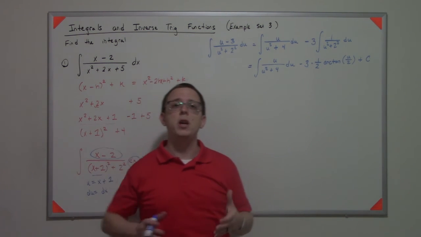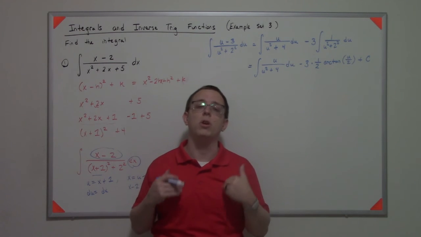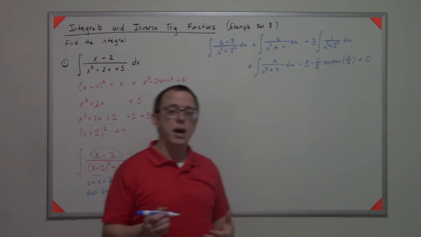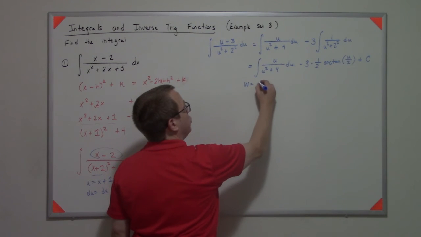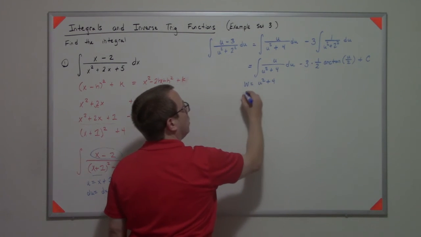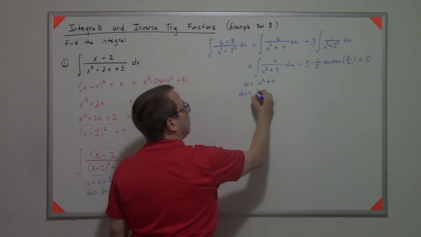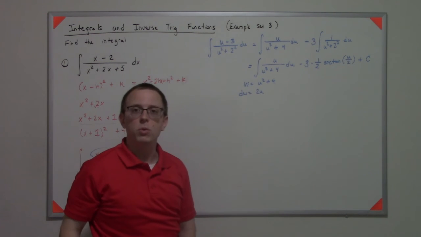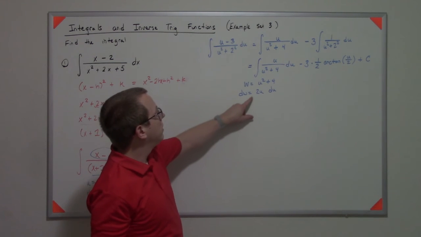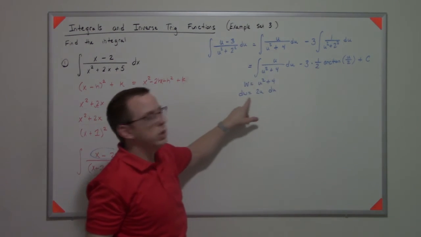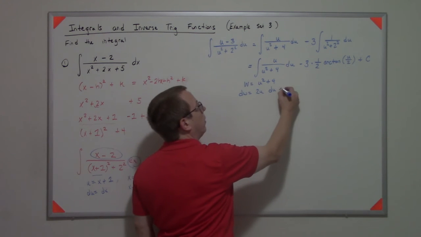So what I have to do here is an additional substitution. I've got to do something like w is u squared plus 4 and dw is 2u du. And since I have u du, let's divide both sides by 2.